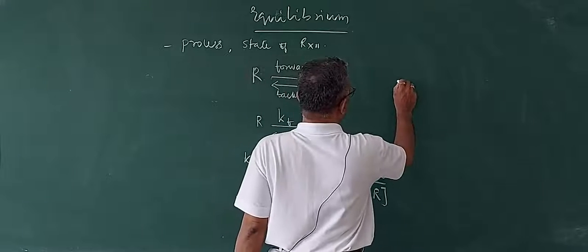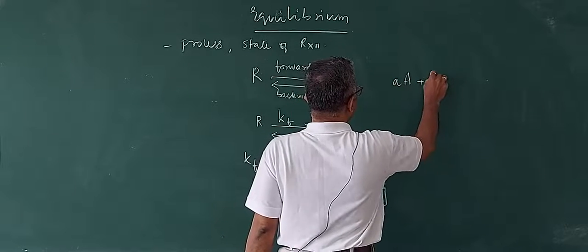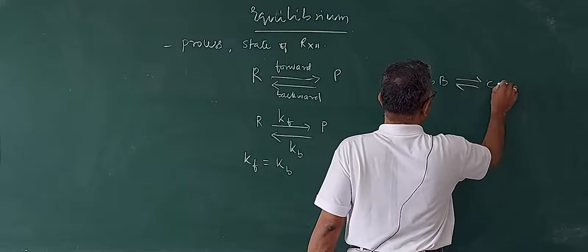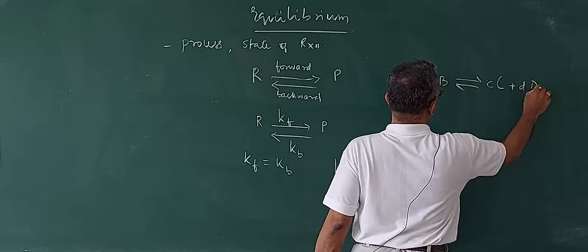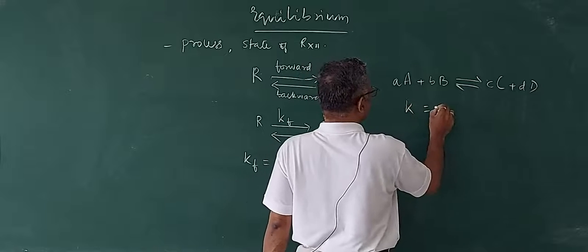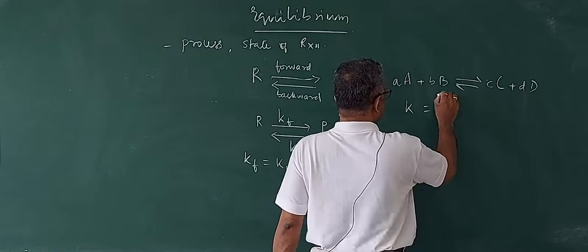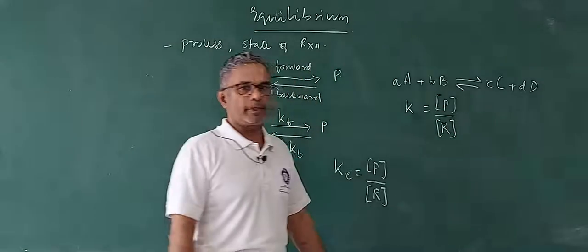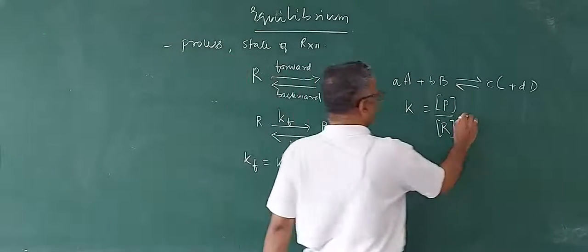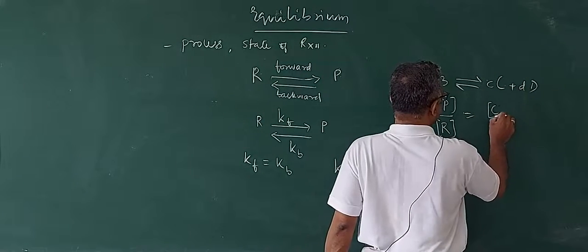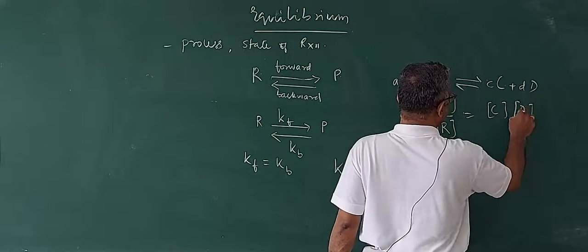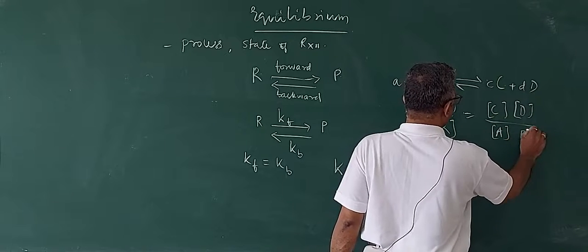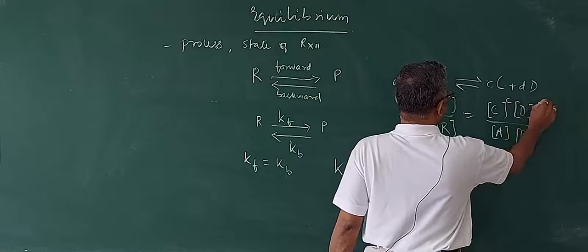Suppose you take a moles of A plus b moles of B, which is getting converted to c moles of C plus d moles of D. Then we write the equilibrium constant, as I told you, as the concentration of product divided by the concentration of reactant. So the concentration of product is C times D, divided by the concentration of reactant A times B, each raised to the stoichiometric coefficient.